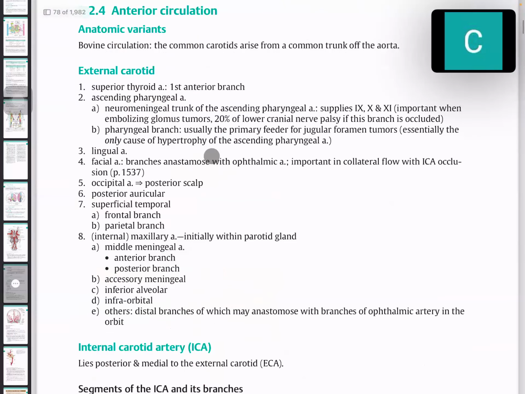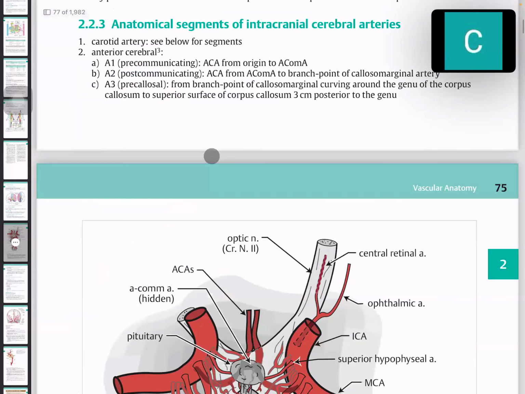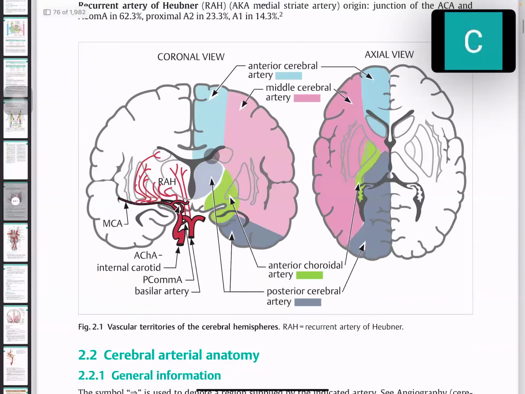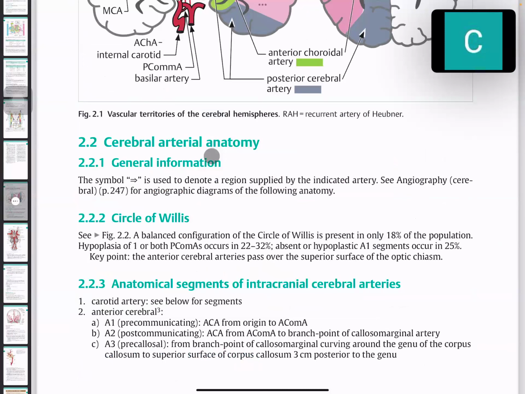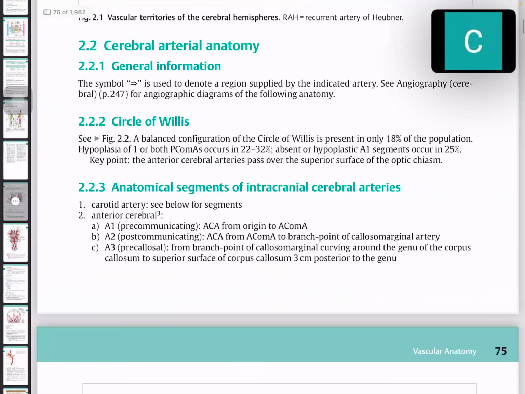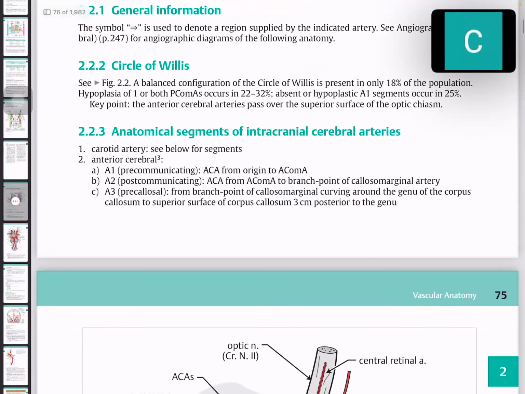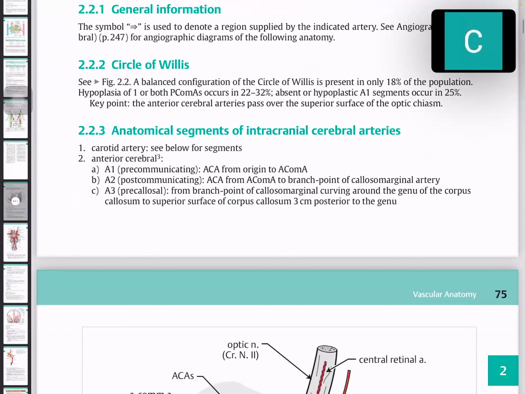So let's talk about the ACA first. Depending on the classification, it is divided into 4 segments. Some remain at 3, and some put it in 5. I think the latest is the 5 segmentations. We have the A1, which is pre-communicating.